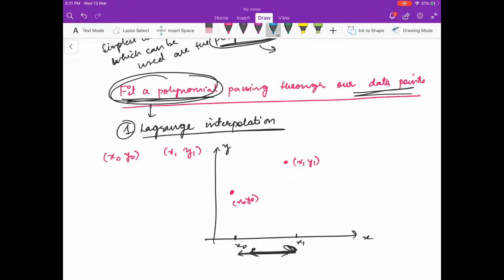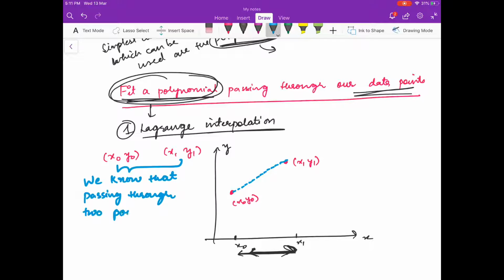I know passing through 2 points there is a unique straight line, a unique linear polynomial.